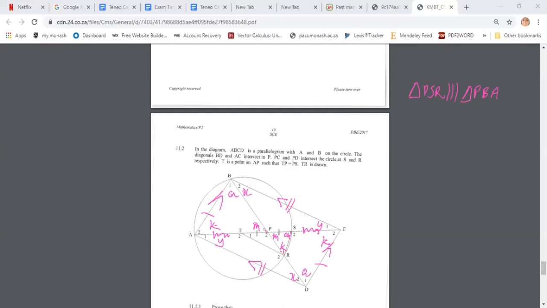Because then you're going to do your proportion. PS over PB equals SR over BA equals PR over PA. And you'll find that that is probably going to help you with the rest.